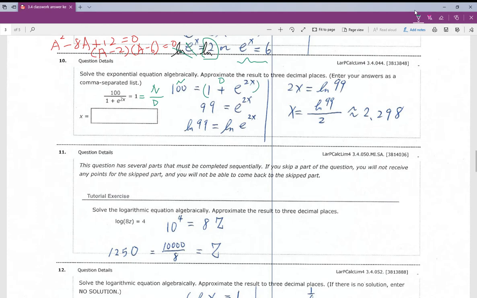Or you may use another method, which is, let me show you, 1 equals 1 over 1. Then we use cross multiply. So 100 times 1 equals the whole thing times 1. So these two are equal, and then you solve it.